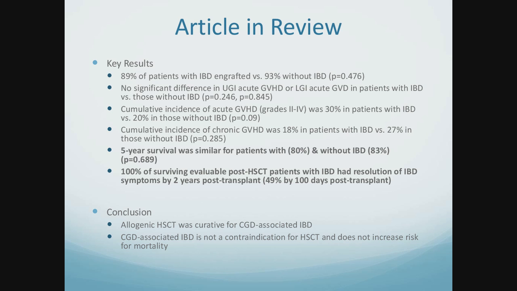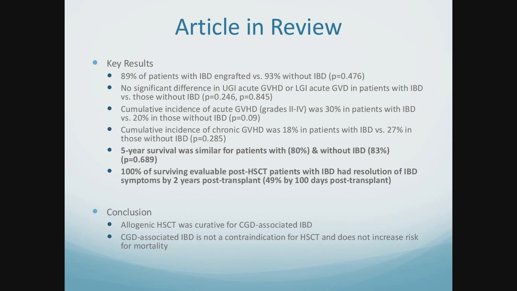There was also no significant difference in upper GI or lower GI acute GVHD in these patients with and without colitis. The cumulative incidence of acute GVHD grades 2 to 4 was 30% versus 20% in those with IBD versus those without IBD.